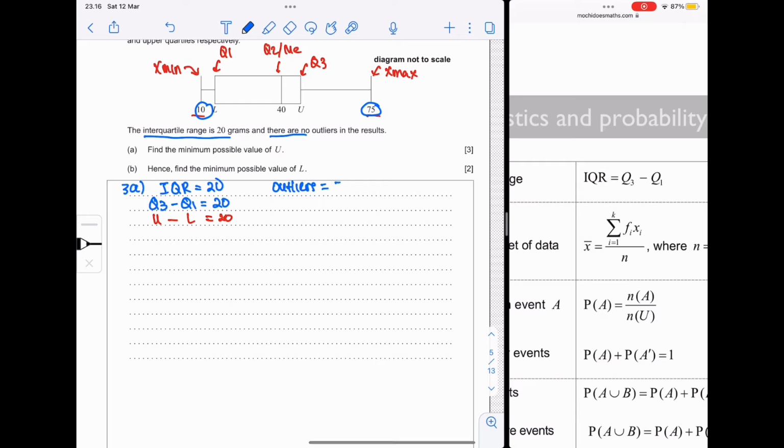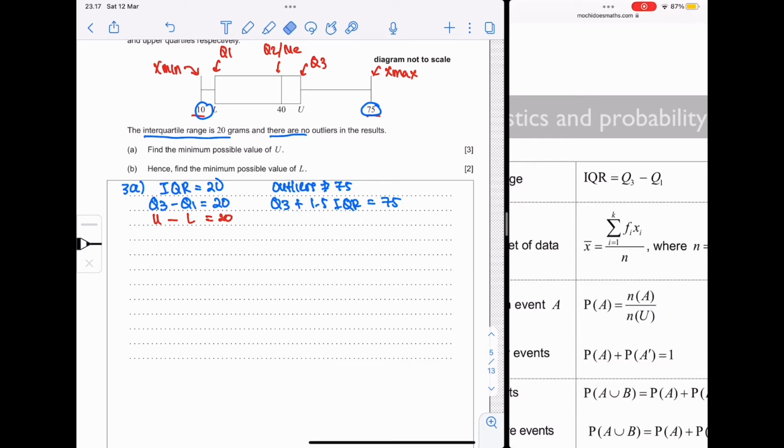Since there are no outliers, 75 will be included in the data. Q3 plus 1.5 IQR is the accepted part of the data, not the rejected part. These formulas are needed to find the accepted region, the maximum accepted value of your data.